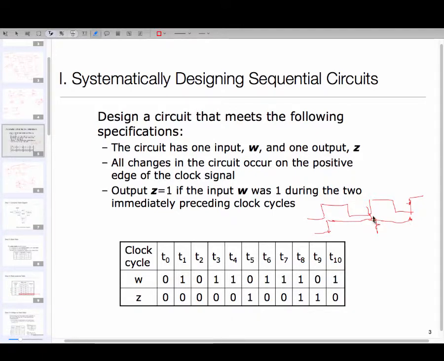So I'm observing the fact that input was 1 at the end, not at the beginning, because the input changes are themselves happening as a result of some clock edge. So I couldn't have observed the fact that input became 1 right at this clock edge, because it happened after the clock edge already.